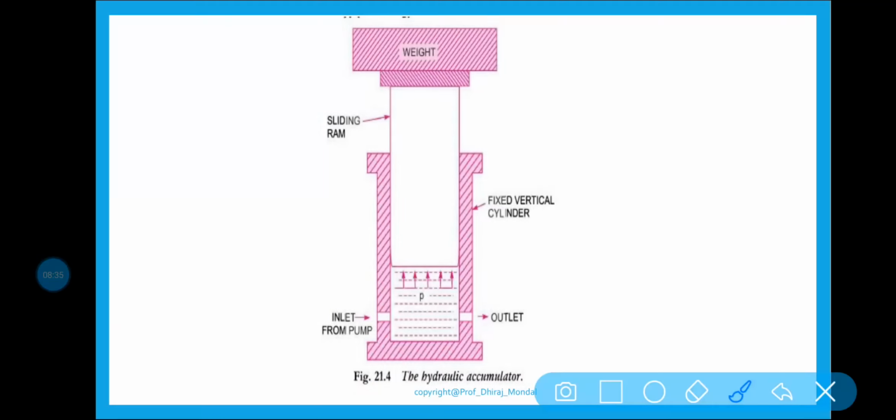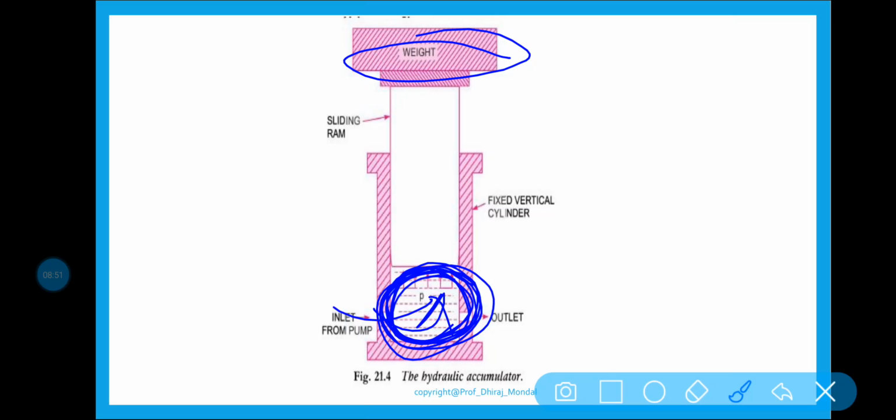It is basically used to store the liquid energy, that means to store the energy in the form of pressure energy, and according to our need, whenever the weight is to be lifted in a certain place, at that time the stored energy is taken and the particular weight is lifted.